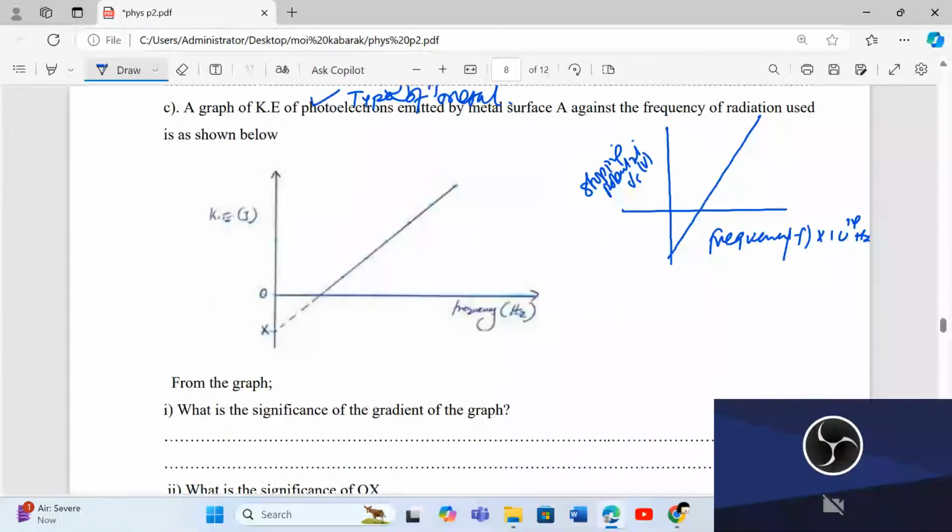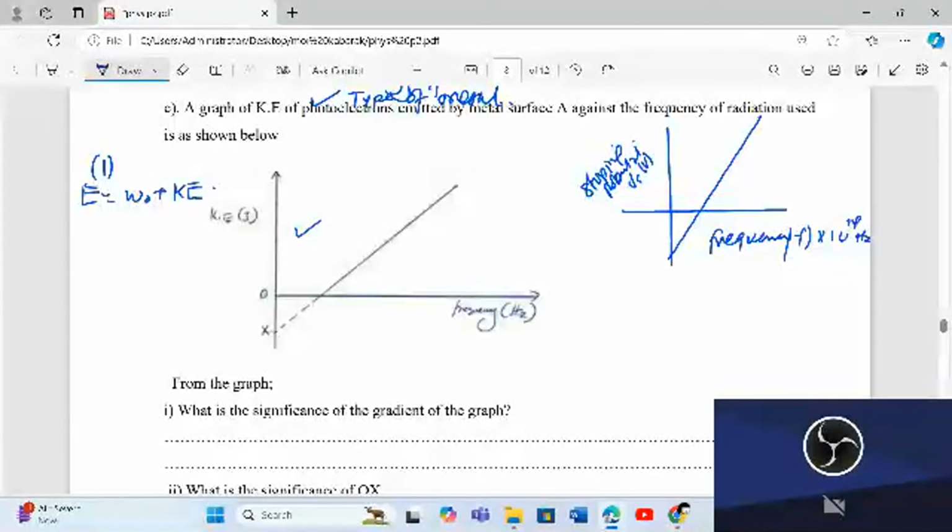But now the difference comes in the analysis. The energy of the photon is given by the work function plus kinetic energy. We can say that hf is equal to hf naught plus KE.